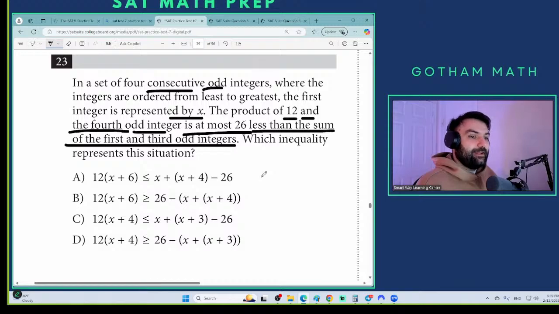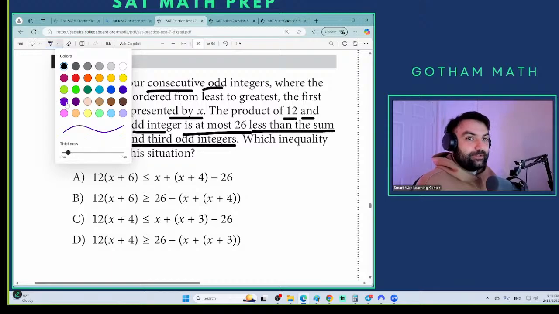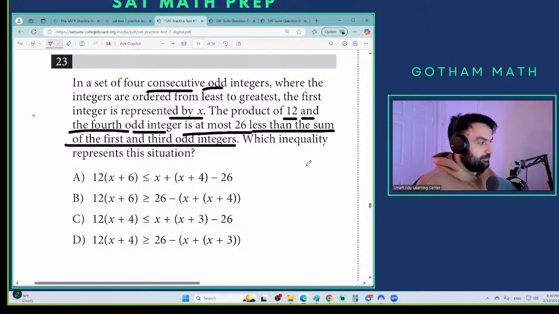All right. I think it will be doable if you know from theory how to list consecutive odd integers. That's how you list them. You start with x and then you skip 2. Regular consecutive integers go x, x plus 1, x plus 2, x plus 3.